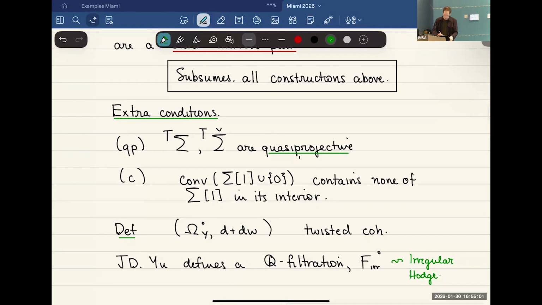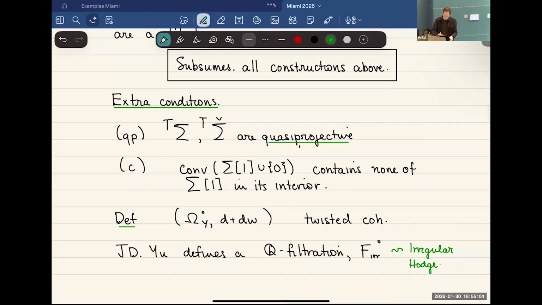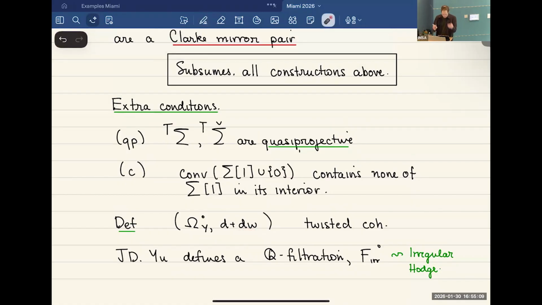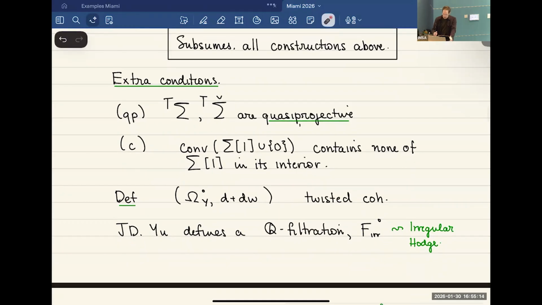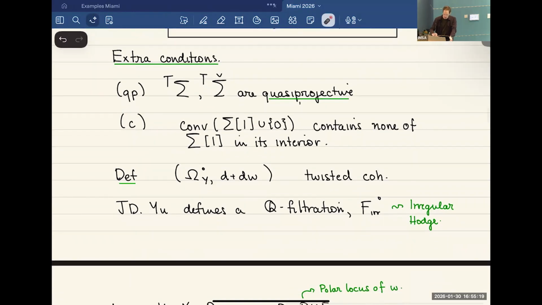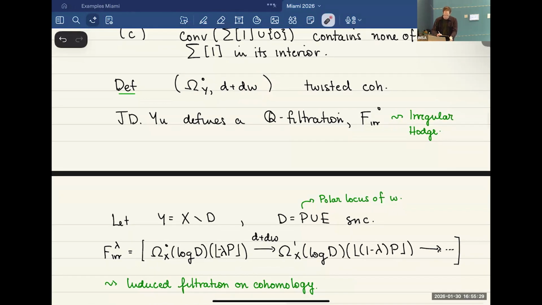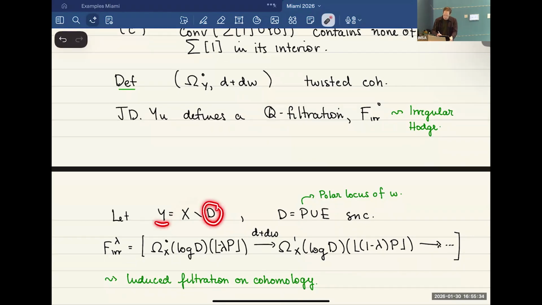So this is the usual de Rham complex, or de Rham sheaves, on Y equipped with this twisted differential. And then Yu defines a rational filtration on this complex, coming from the poles of this function W. Here I'll take a compactification X of Y. So D is the divisors that I'm adding at infinity.